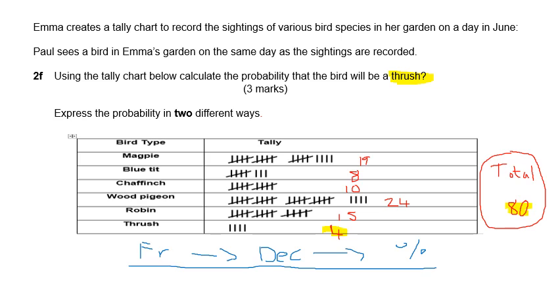Now, what you need to be thinking in your head here, guys, is that the chances of the next bird being a thrush is 4 in 80. So that is the phrase you need in your head, 4 in 80. Those are the two key numbers.